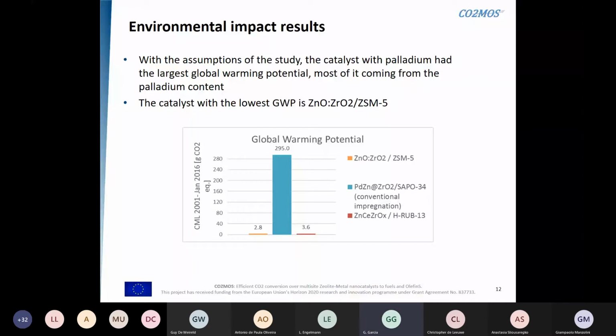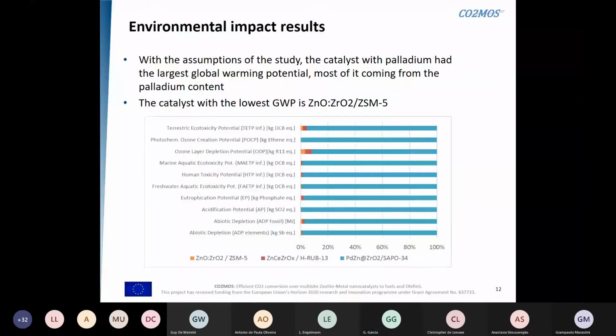For the other catalysts, the largest impact is also coming from the metallic component. And we also looked at other environmental impact categories, not just global warming potential, and the results were very similar. The bars represent the relative impact of the catalysts, and the palladium catalyst with the blue bars is again the worst one when looking at other environmental impact categories.